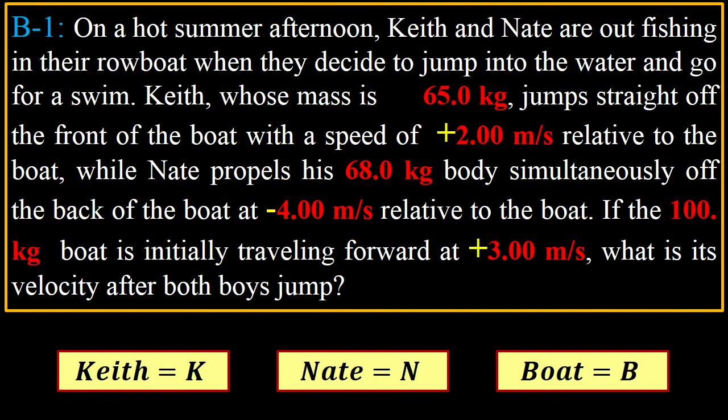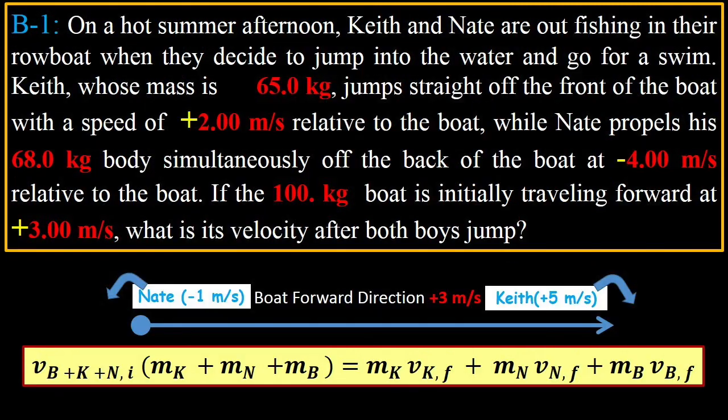Our designation subscripts for the problem, to make it easy to understand, will be K for Keith, N for Nate, and B for boat, which should be consistent with the problem. Now, I just want to reaffirm that the new corrected value for Keith's velocity is plus 5, and for Nate, it's minus 1.